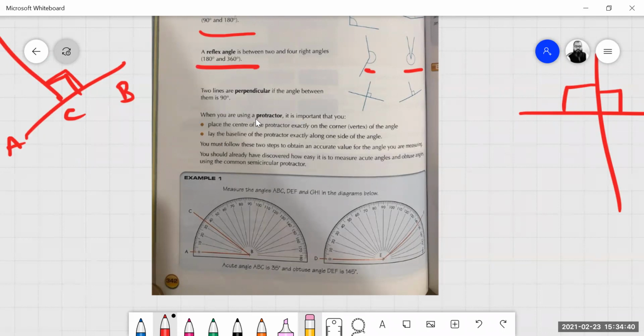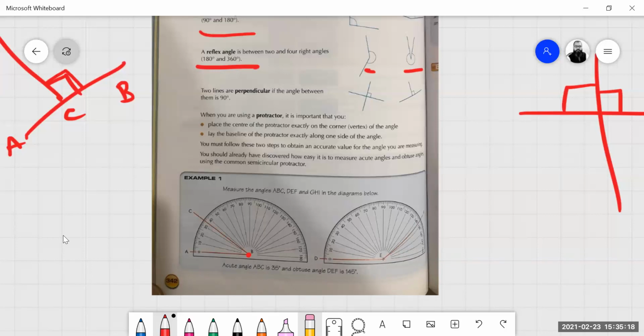When you are using a protector, it is important that you place the center of the protector exactly on the corner or the vertex of the angle, the point from where you want to measure. And the line from which you want to draw, this red line, should be on that.